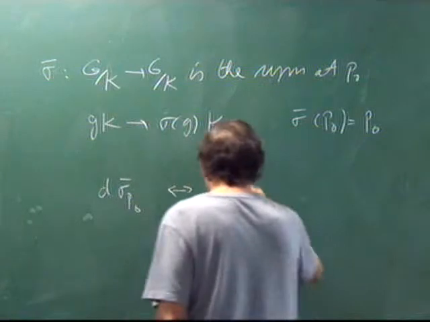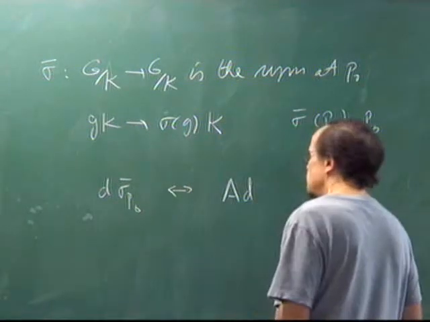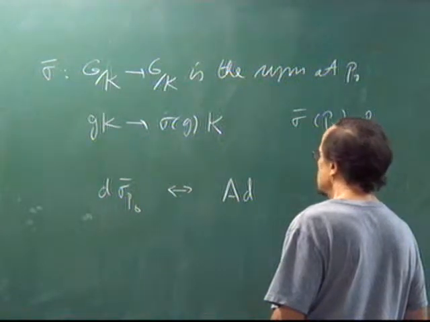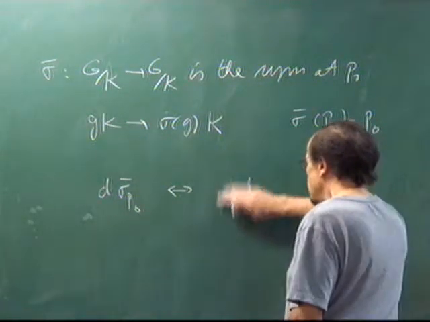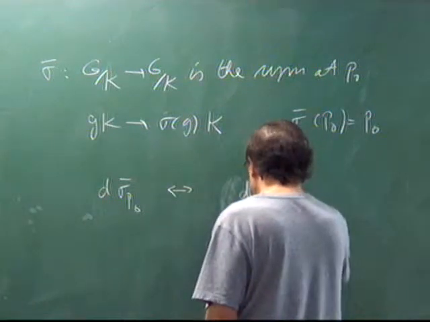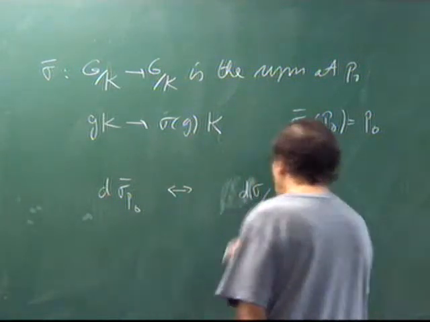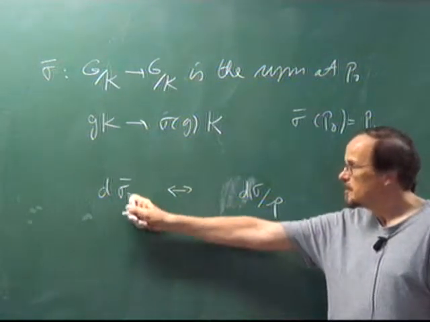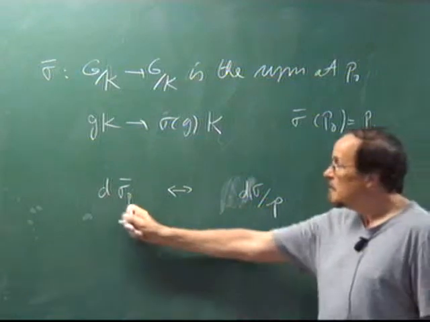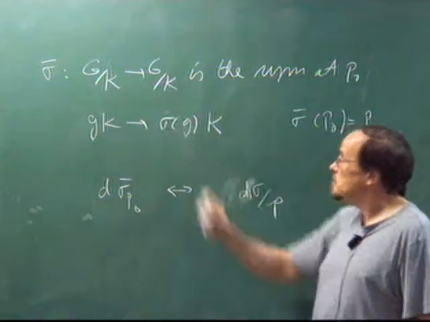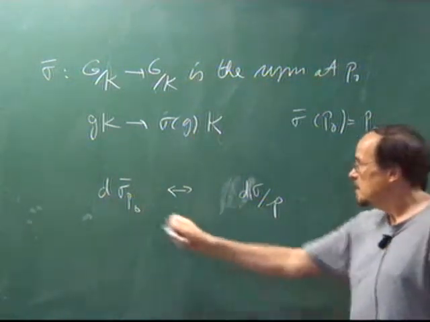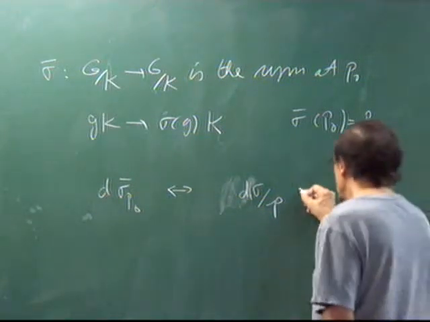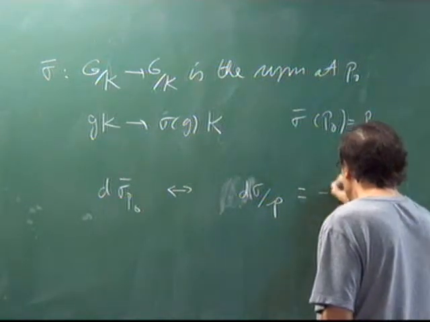Well, that's in one-to-one correspondence with d sigma restricted to the reductive component P. Right, on the left-hand side, this was part B in the theorem. Sigma was an automorphism. Sigma bar is the induced automorphism on the manifold. And d sigma bar is d sigma, but now restricted to P. Of course, d sigma restricted to P is by definition minus identity.